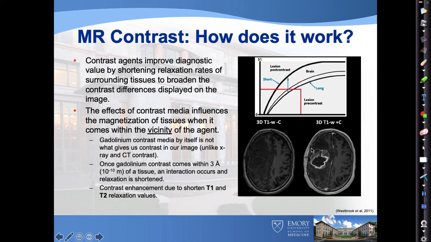But once we inject contrast, we're going to get shortening of those tissues that come within the vicinity of the gadolinium. It's going to shorten our T1 relaxation rates, and it will appear brighter or higher in signal on a T1 post-contrast weighted image. So it will increase our contrast enhancement, and it will increase the contrast between the 2 tissues.